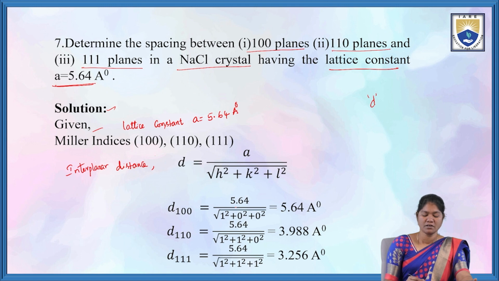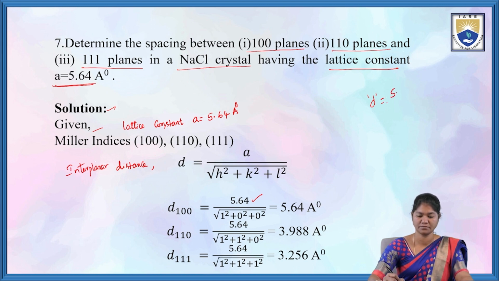So d100 is equal to 5.64 divided by root of 1 square plus 0 square plus 0 square. So 5.64 divided by root 1 is 5.64 angstroms.